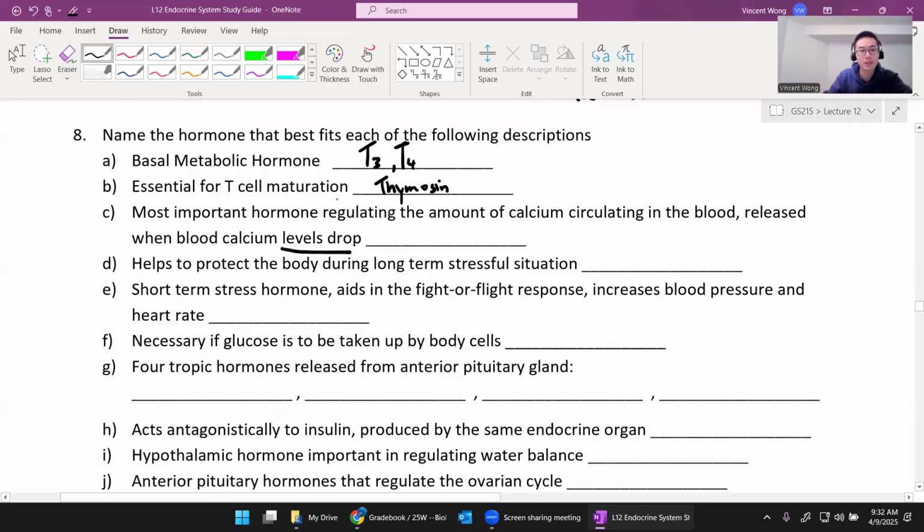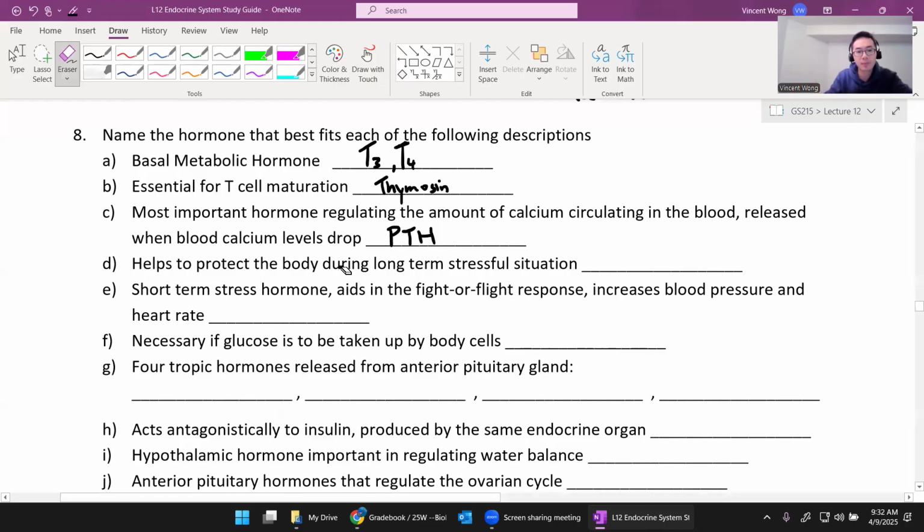When you have low calcium level, you will need, very good, PTH, parathyroid hormone. Okay, and as you're doing it, you can think about where these things come from. Well, parathyroid hormone, as the name tells you, comes from the parathyroid, which is behind the thyroid.